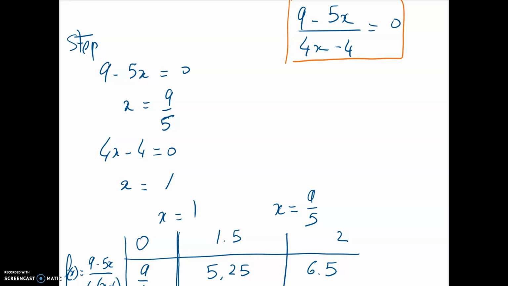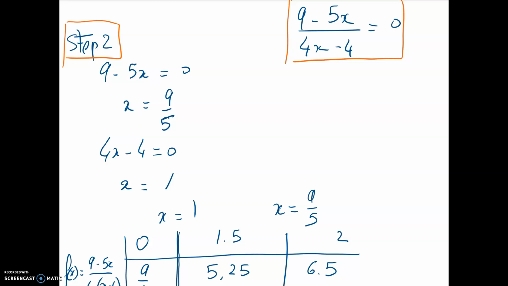So we are going to look at 9 minus 5x equals 0, so x equals 9 over 5. And the second one is going to be 4x minus 4 equals 0, knowing that in fact it cannot be equal to 0. So this is one of the reasons why we will use a parenthesis.